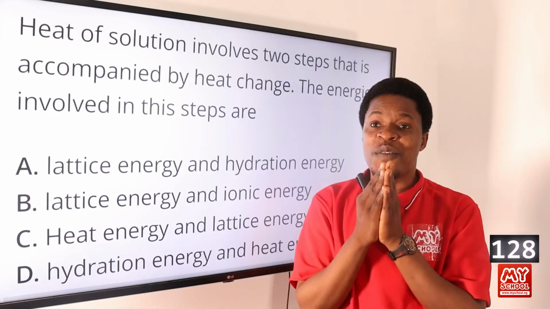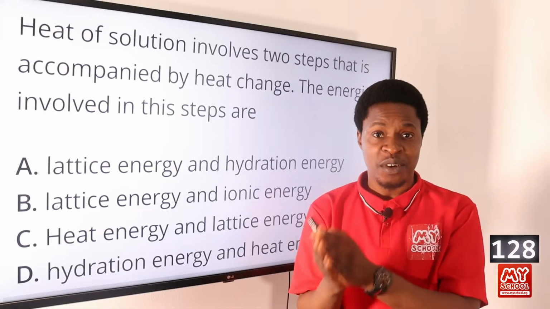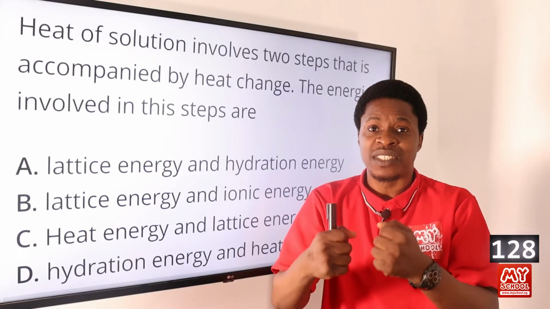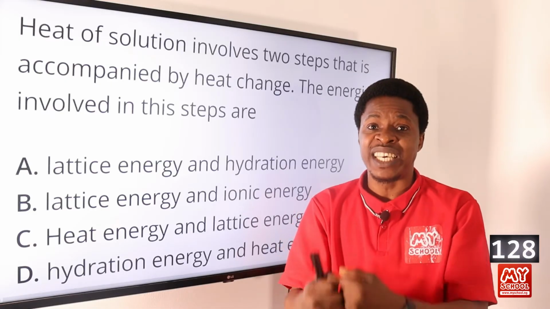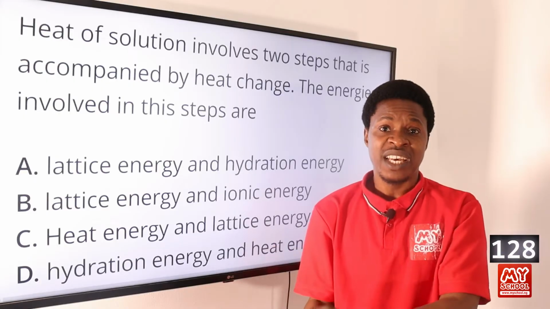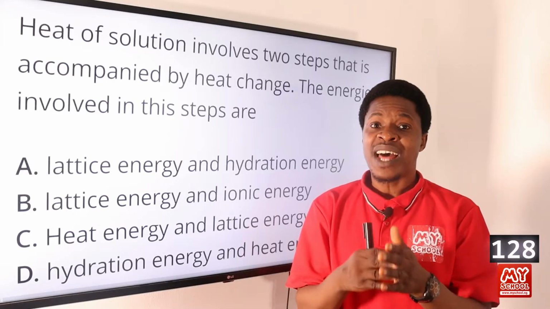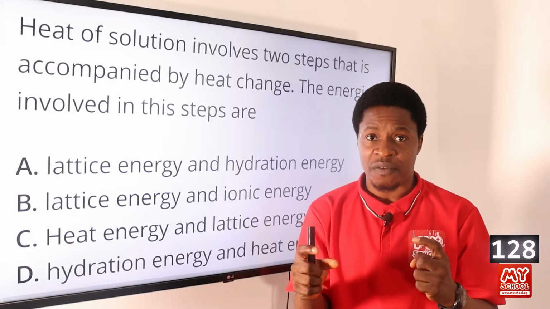So for that solid to be broken down, there is need for energy. Energy is needed to break down that ionic bond or to convert it into the gaseous ion. That is one. On the other hand, don't forget that solid we need to dissolve.